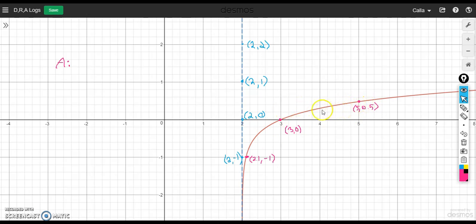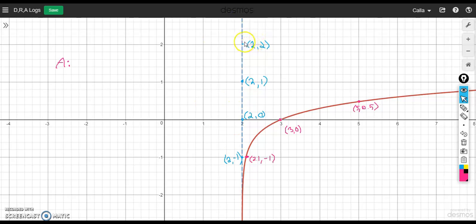And I notice my x value seems to be getting closer and closer to 2, and I can also use Desmos to show that this is the case. So you can see that my x value is getting closer and closer to 2, and it will continue to get closer and closer to 2, but not quite reach 2.